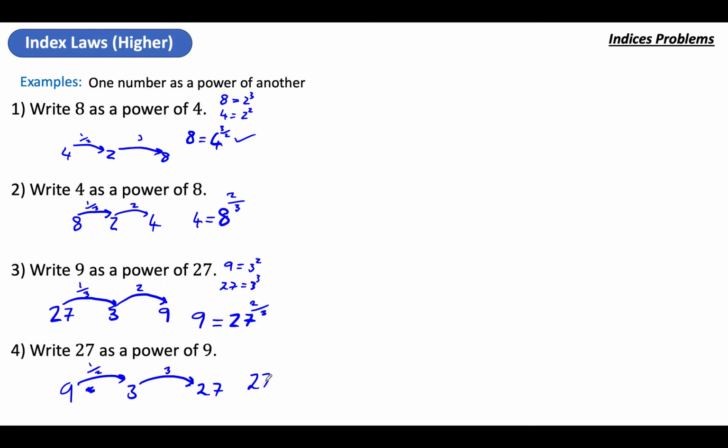So 27 is the same as 9 to the power of, multiply these two powers together, 3 over 2. So go down to that common base number and then back up again, and write your number to that combination of those two powers.